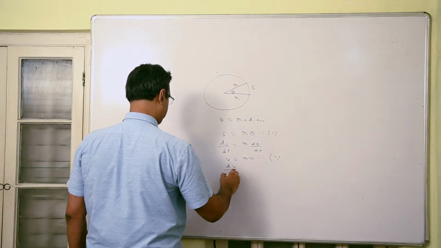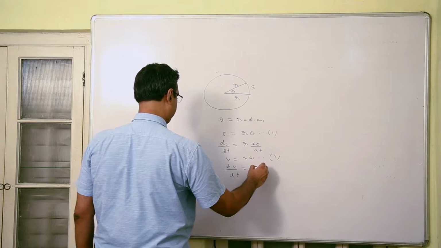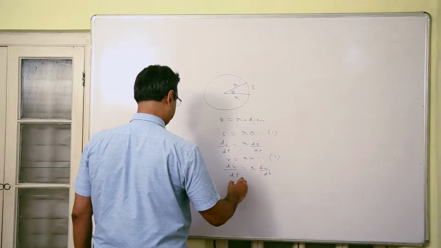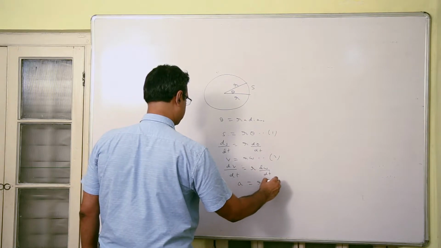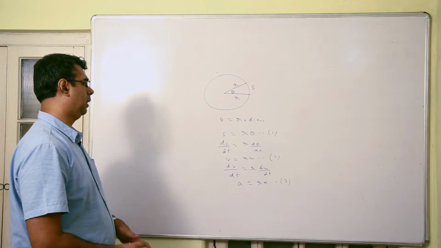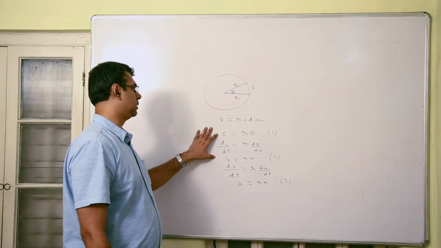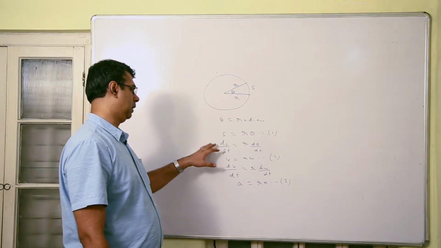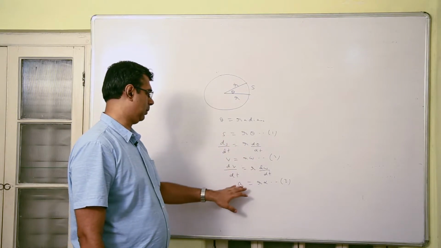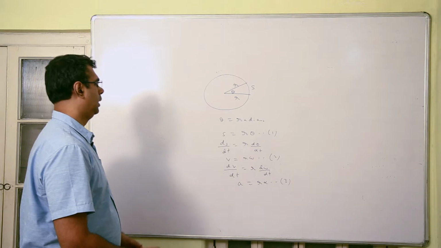Now if you differentiate both sides again, then dv by dt is linear acceleration and d omega by dt is angular acceleration. So these are the three relations between linear and angular: s equal to r theta, v equal to r omega, a equal to r alpha.